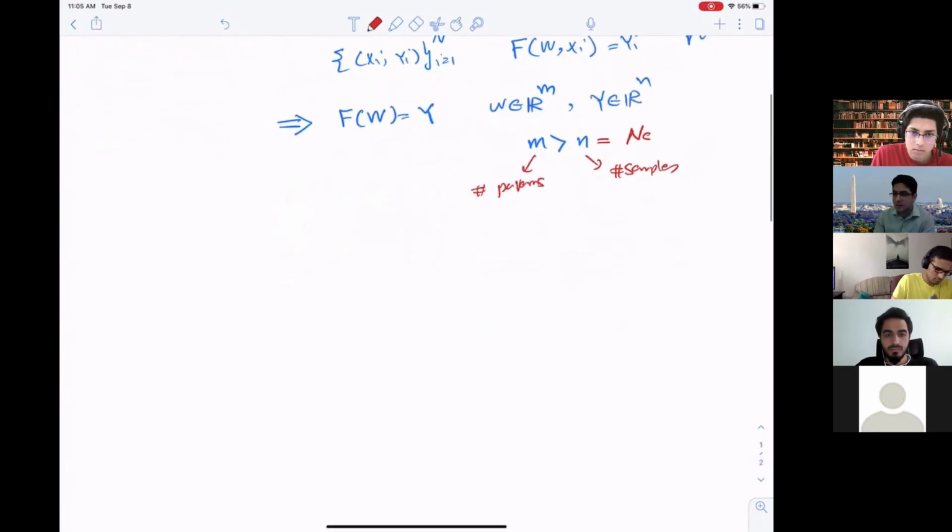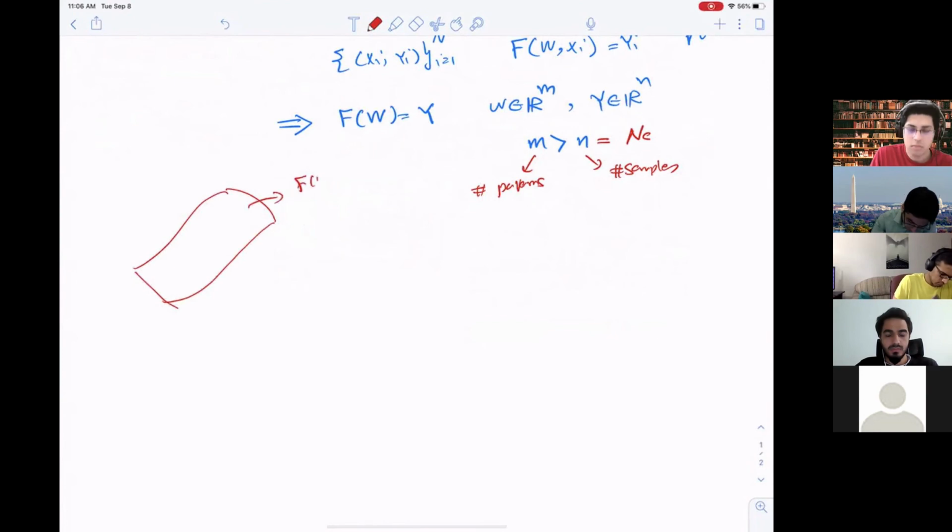And we saw some examples that the solution of the interpolation may not be actually unique, right? So let's say you are in a three-dimensional space. Let's say this is the manifold of all of the w's that satisfy your first equation. When you apply your model to x1, it will give you the exact label y1. And let's say this is the other one.